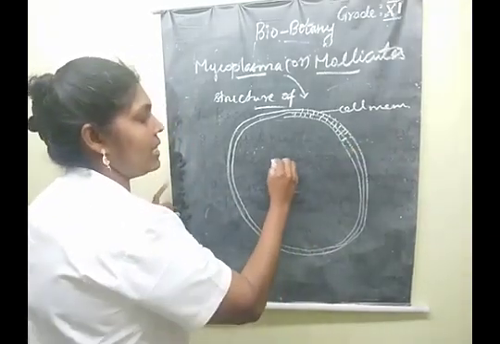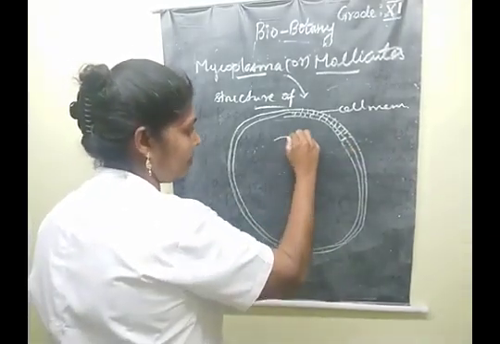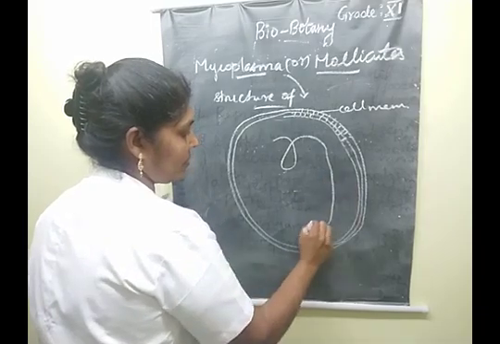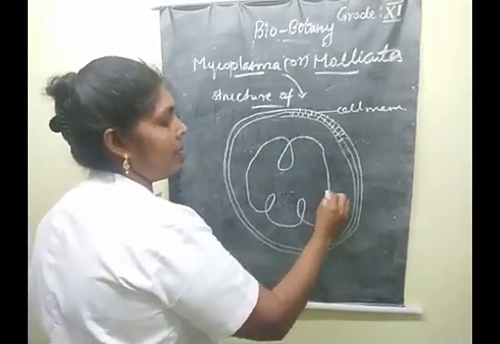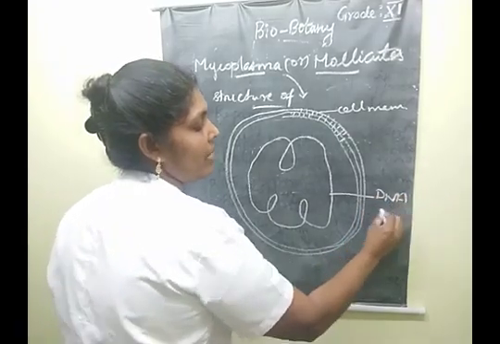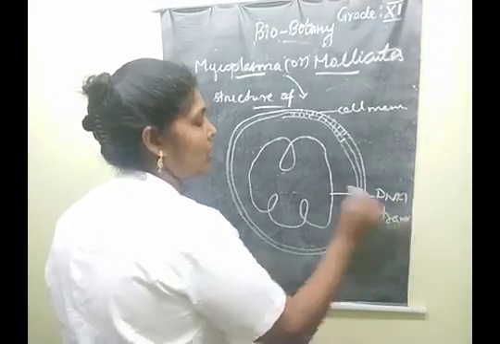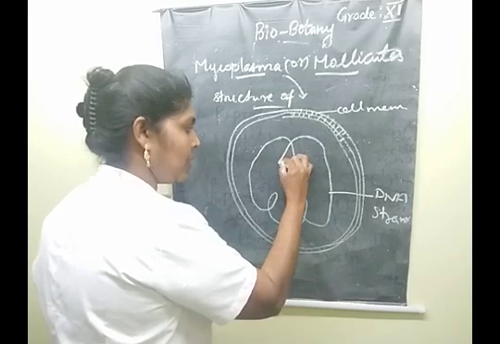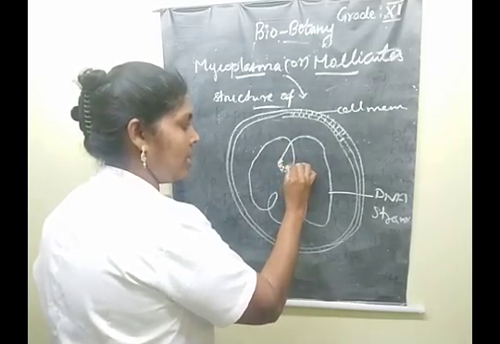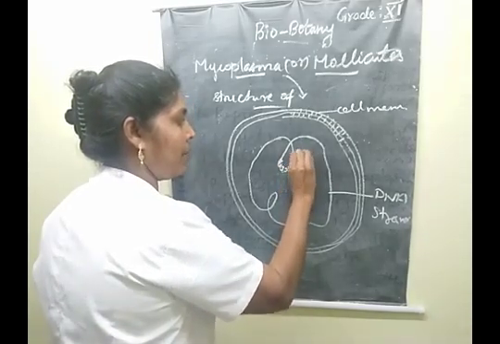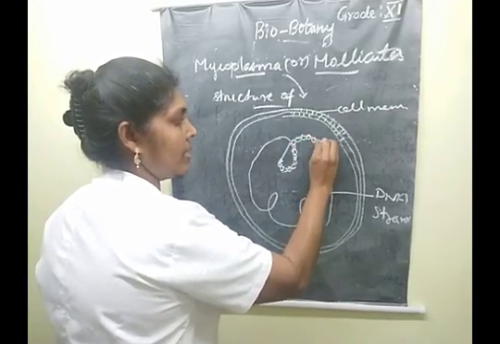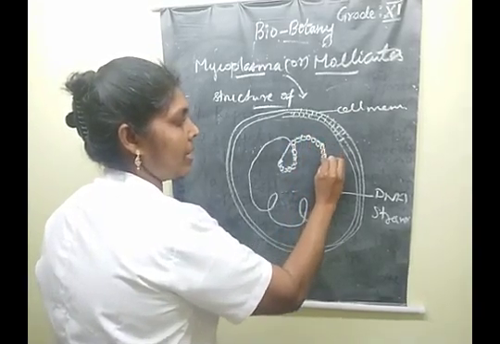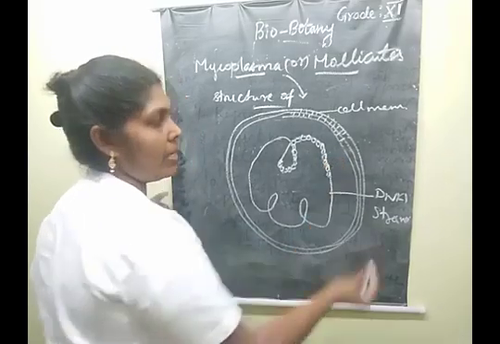Then inside there is the DNA strand. Very good, children. Fill this in completely too. This kind of structure represents the DNA strand. Clear? Understood?